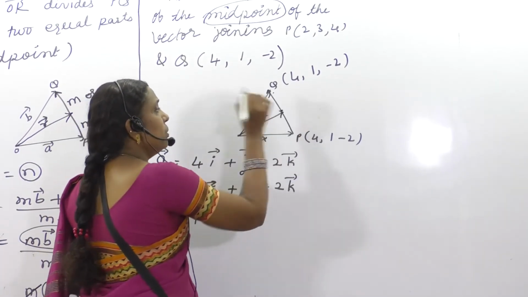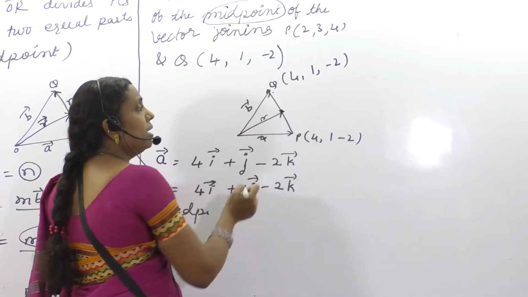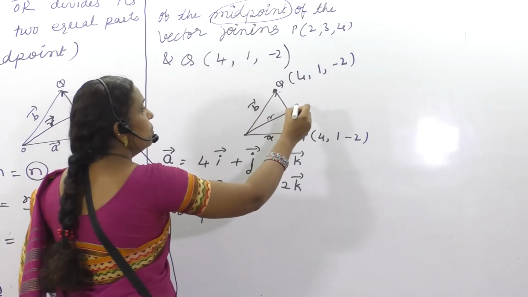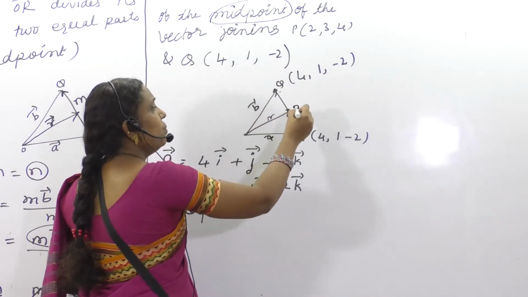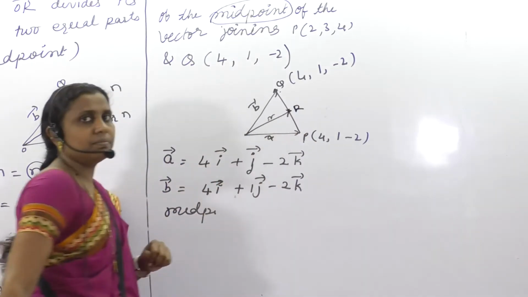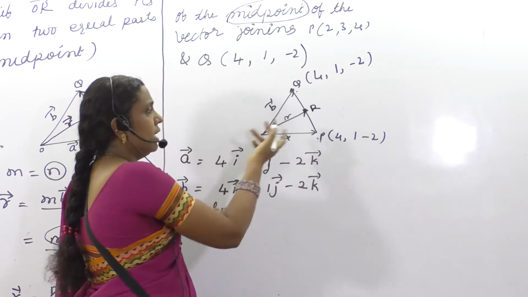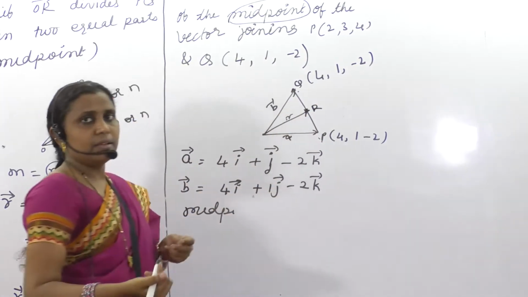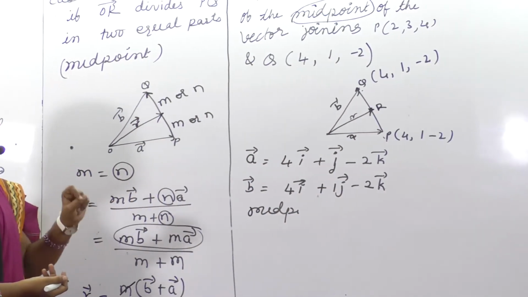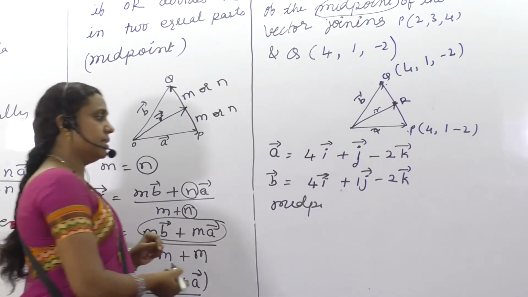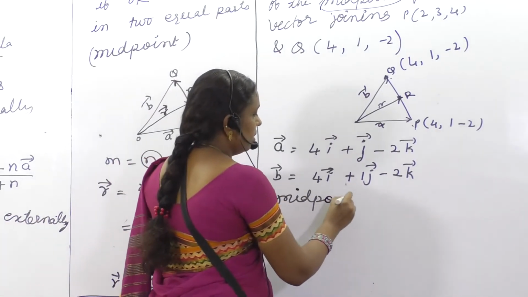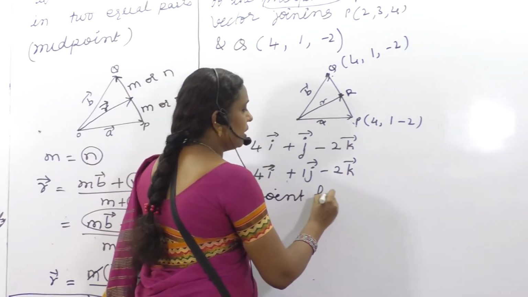So this will be like midpoint. Suppose I take this as R, QR is equal to PR. If you go in the direction, PR is equal to RQ. Anyways, m equal to n. So it divides in which ratio? That we are considering. Midpoint formula.